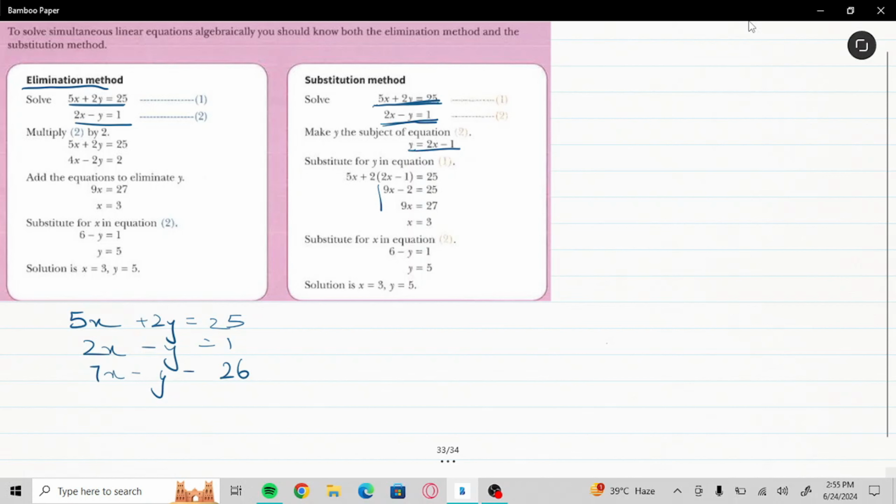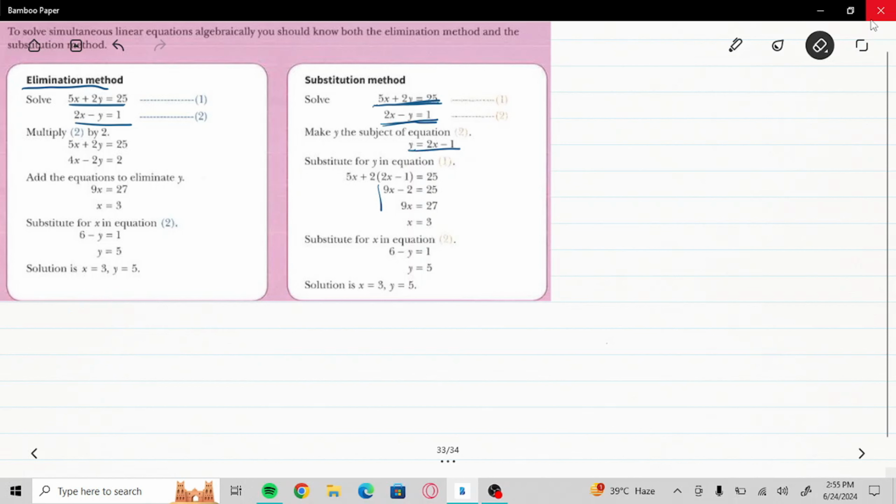That would give us 7x plus y is equal to 26, which is not how we can solve the equation. So we need something that would allow us to take the x or y value out of this equation. So let's keep the first equation as 5x plus 2y is equal to 25.